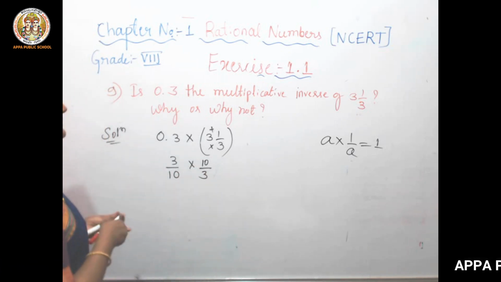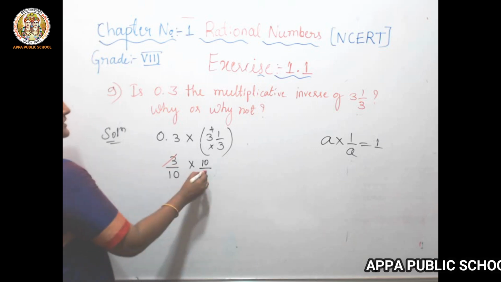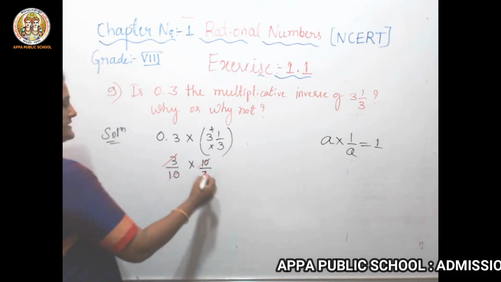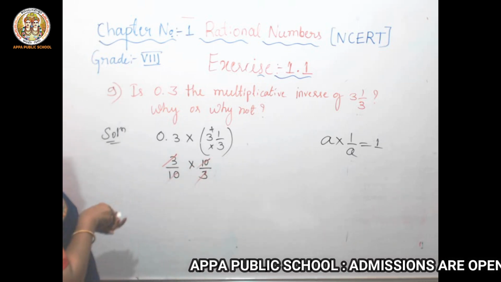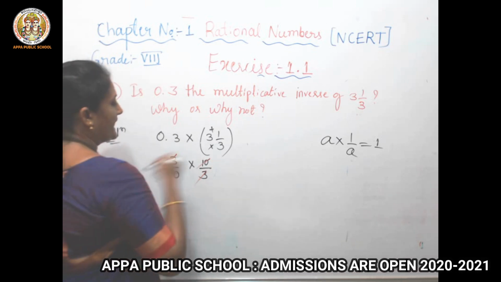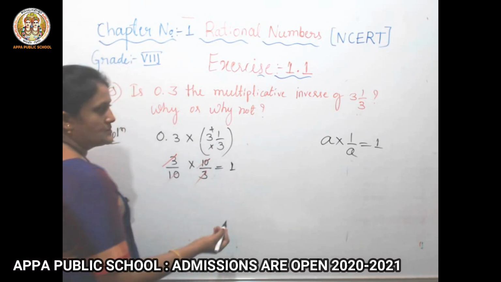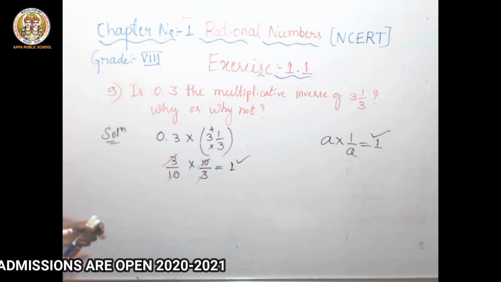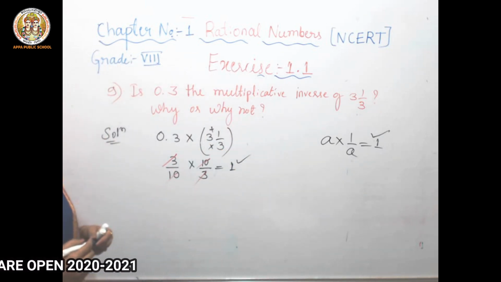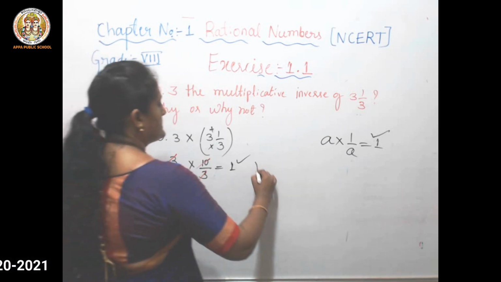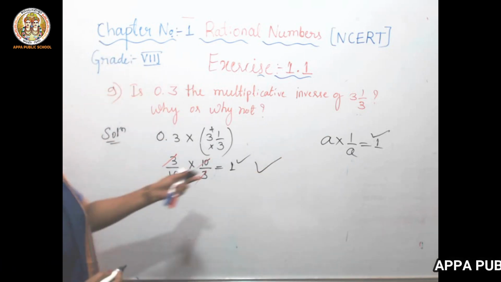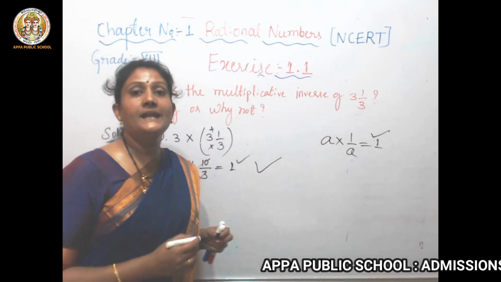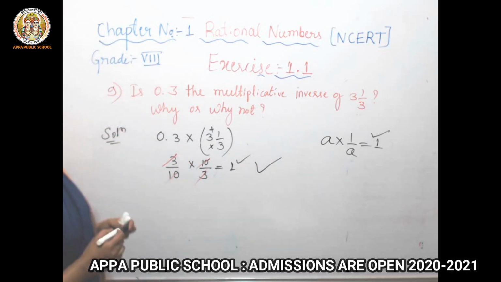So here 3 cancel, 10 cancel. What is the answer? Answer is 1. What we need is 1. If we get the product as 1, then it is a multiplicative inverse. So yes, it is a multiplicative inverse of 3 integer 1 by 3. This is question number 9.